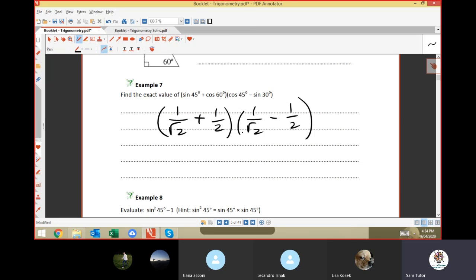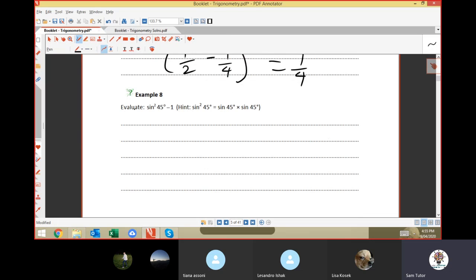Anybody not understand how I got those? That's a difference of 2 squares. I can just see that. So I know it's this one squared, which is a half, minus this one squared. Plug it into your calculator and you should get a quarter. Any questions there?